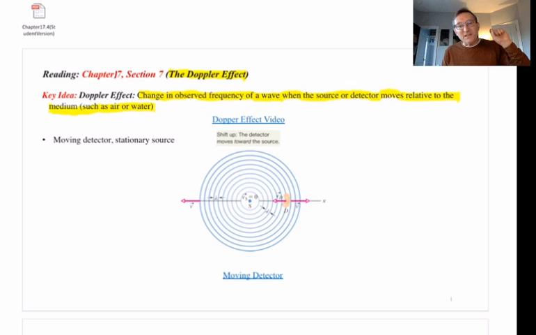There'll be a frequency emitted by the source, and a frequency measured by the detector. And if there is relative motion between those two things, the source and the detector, then the frequency emitted by the source and the frequency received by the detector will not be the same, not necessarily.